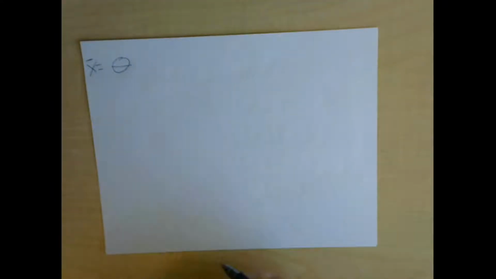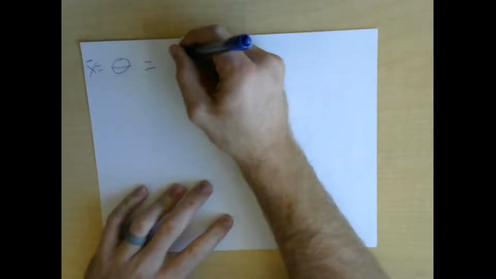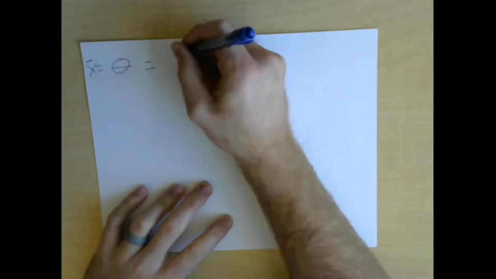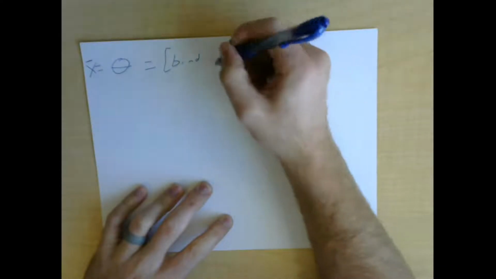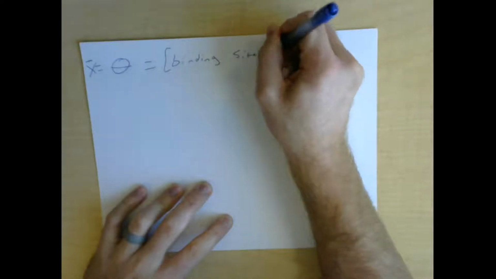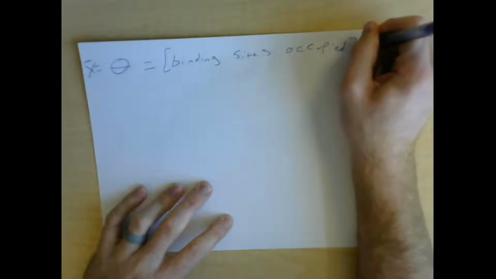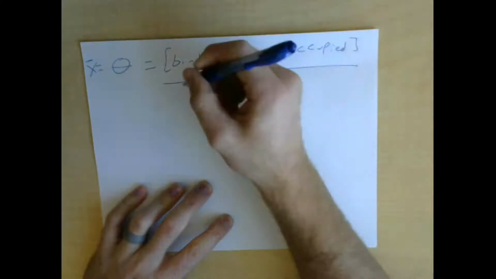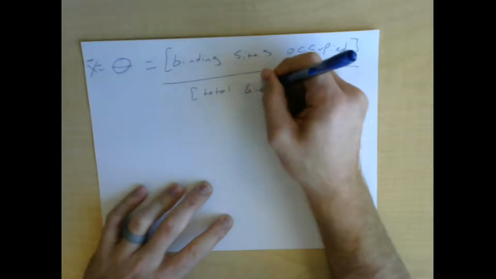Fractional saturation, extent of binding, they're fundamentally defined in the same way. It's the concentration of binding sites occupied over the concentration of total binding sites.